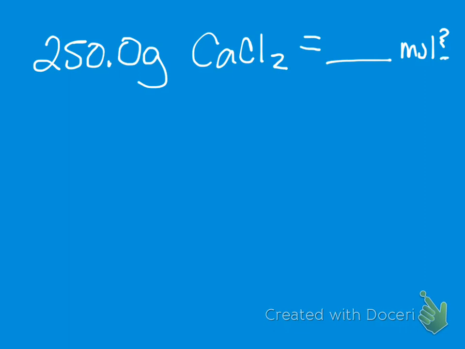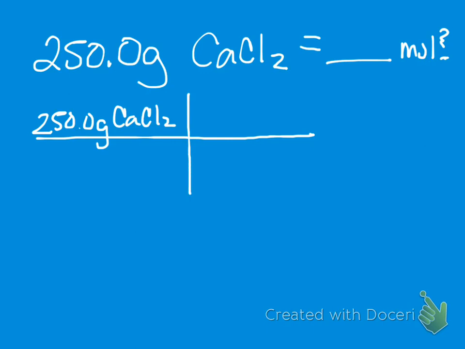So the first thing that we would start off with always is what? When we do any kind of molar mass conversion, what always goes in the very first box? What we are given. So we would start off with 250 grams of calcium chloride, CaCl2.